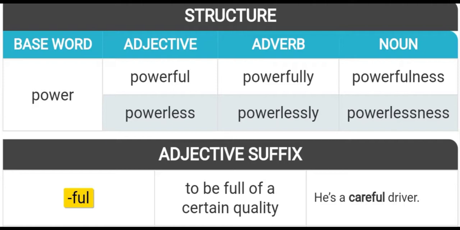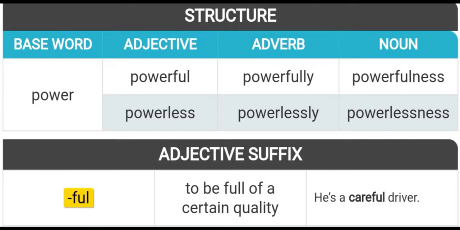Similarly, if the suffix fully is added to the base form of the word power, it becomes powerfully. If lessly is added similarly to the same word power, it becomes powerlessly. And the words formed by adding fully or lessly make the sense of adverb.